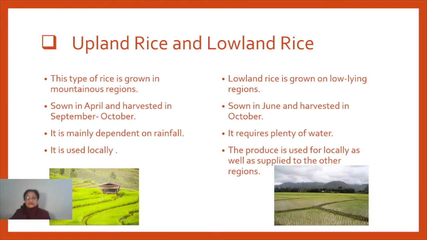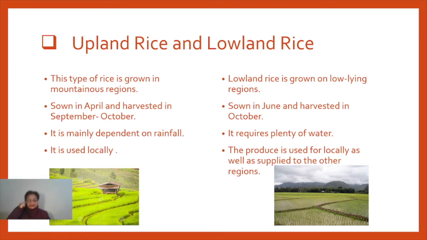So to some extent, whatever amount of rice is required for their own consumption is consumed by the local people. But if any extra is left with them, that is sold in the market, or supplied to other regions. So I hope upland rice and lowland rice are very clear to you.